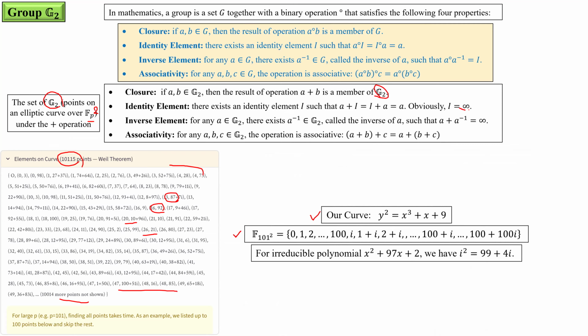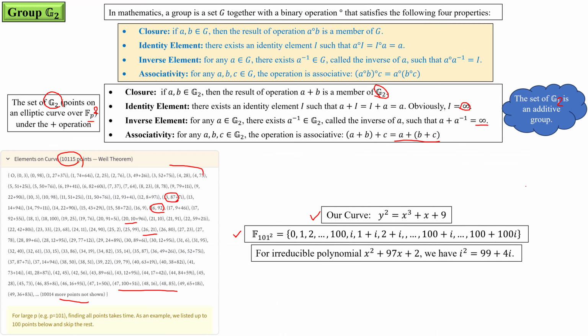So then we have another infinite value that works as the identity element. So then we have the inverse element also, and the associativity property is satisfied. So then this is an accepted group, and we call it group two. So this should also be G2. The set of G2 is an additive group.